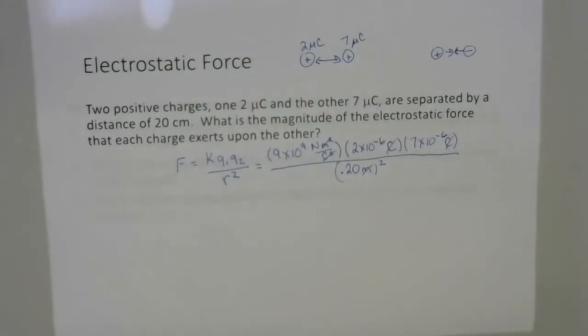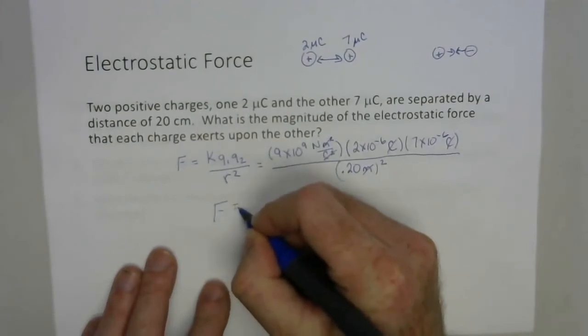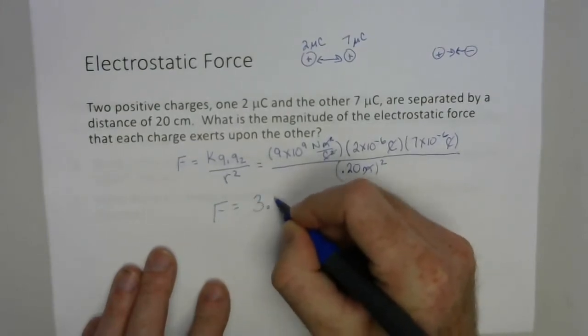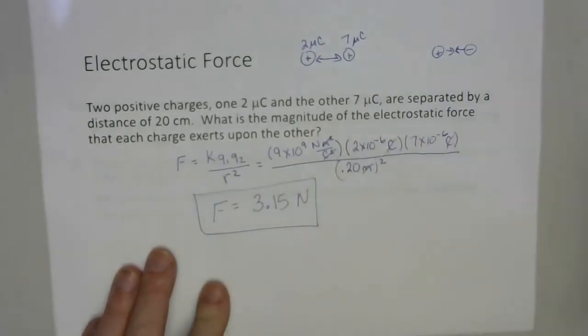So you get 9 times 10 to the 9th times 2 times 10 to the negative 6 times 7 times 10 to the negative 6, all divided by 0.2 squared. And so our electrostatic force in this case is 3.15 newtons. And that would be our electrostatic force in this particular case.